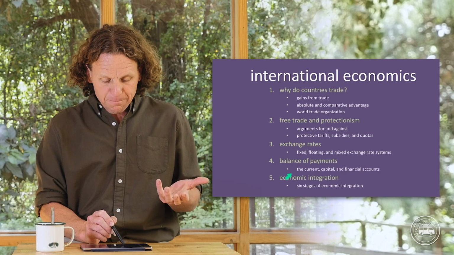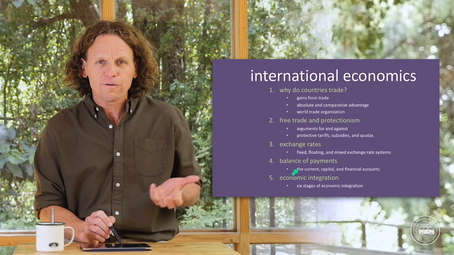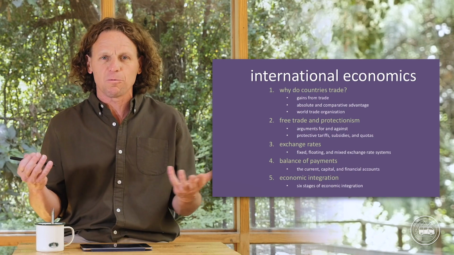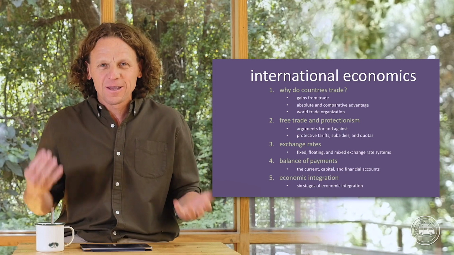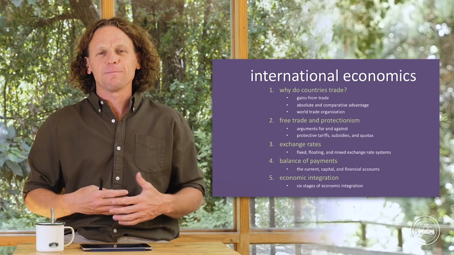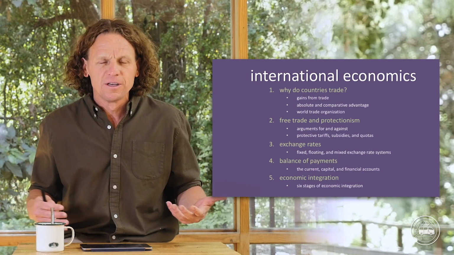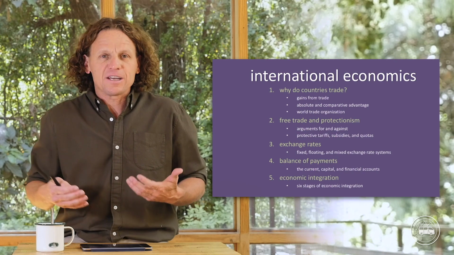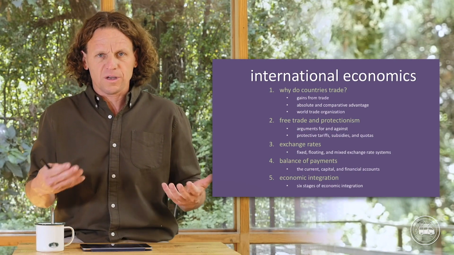Then we'll look at balance of payments. This is where economics language takes over our brains and we can't make sense of what we're talking about, because we're using words in ways that we don't normally use them; they don't add up. But that's a common thing that happens in economics, and all you have to do is remember that you're learning a new language. If you're learning Spanish from English, you just have to say, whoa, that's not what the word meant to me before, but okay, I'll use it that way.